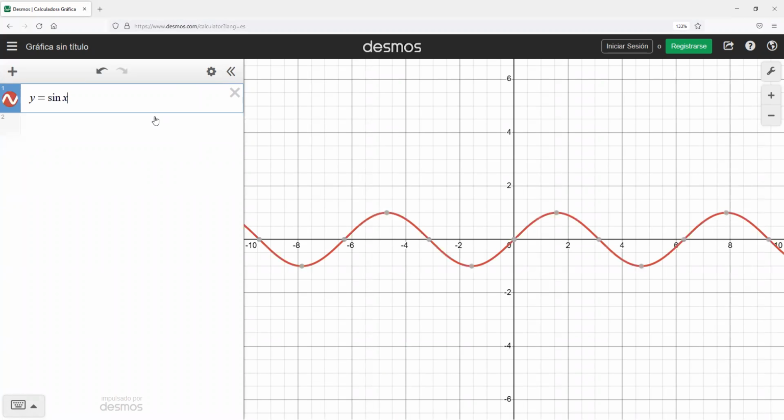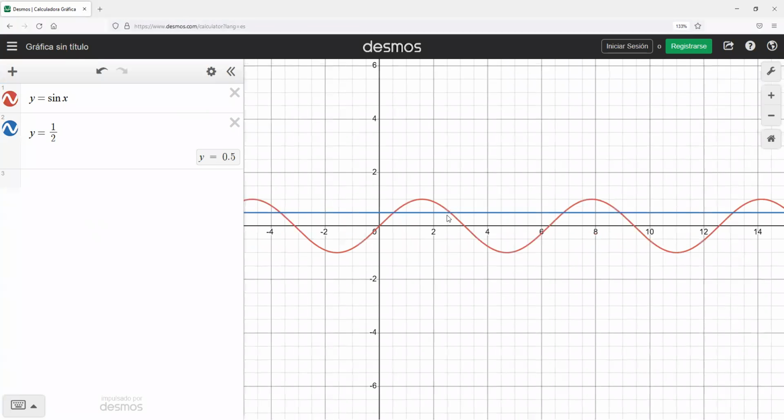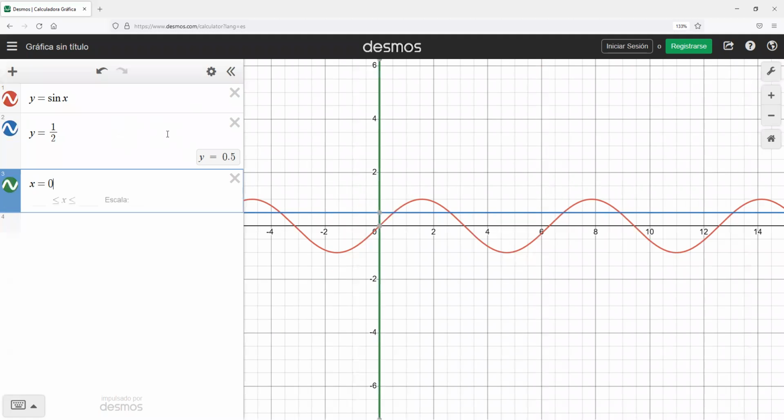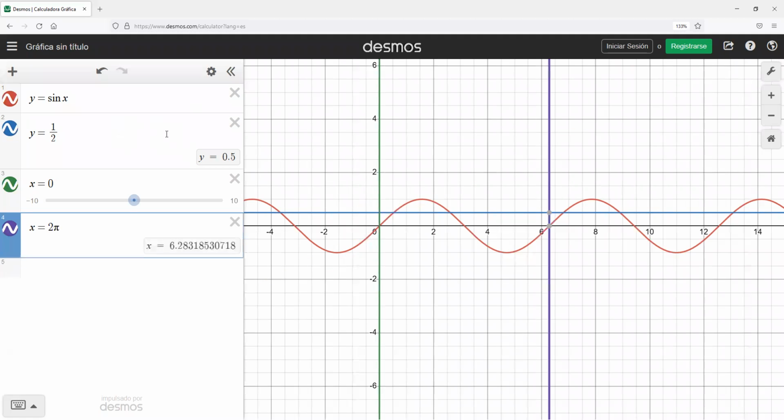So the original, sine x, right? If I put y equal to 1/2, we can find all the angles that give that to me. I know the solutions on the circle are going to be pi over 6, 5 pi over 6, etc. Real quick, let me show you the beginning of the interval and the ending.